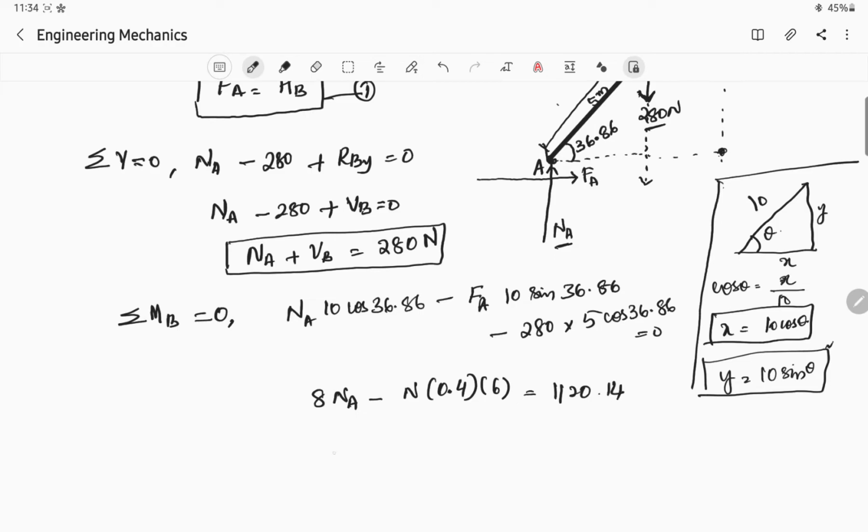Finally you will get NA, which is equal to 200 newtons.